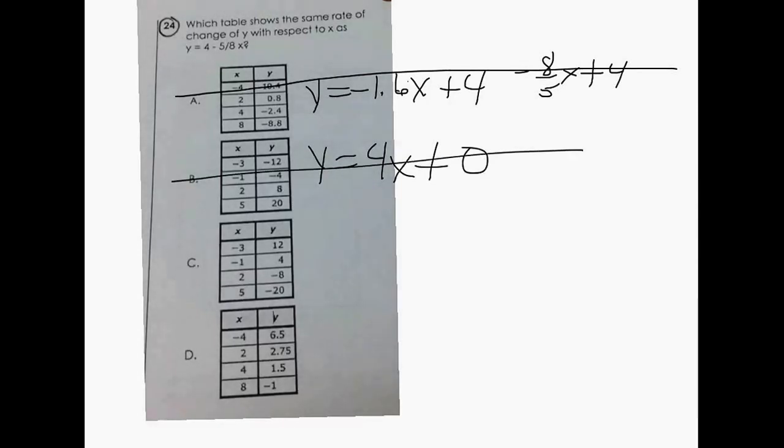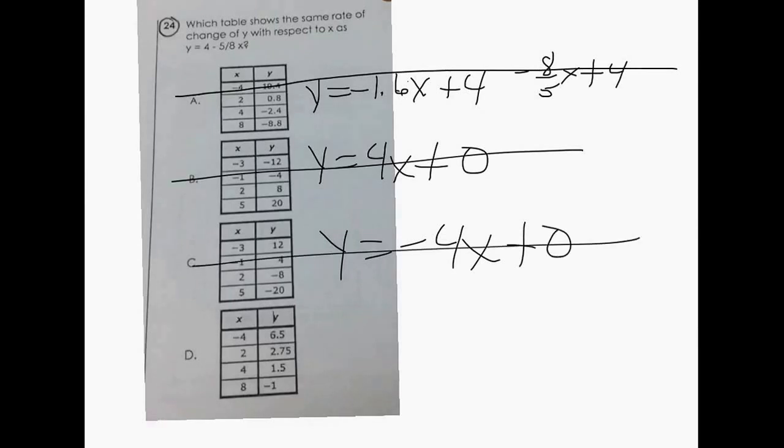Stat 1. Negative 3, the x's are all the same this time. The y's are 12, 4, negative 8, and negative 20, stat calc 4. This is y equals negative 4x plus 0, so that doesn't look right.